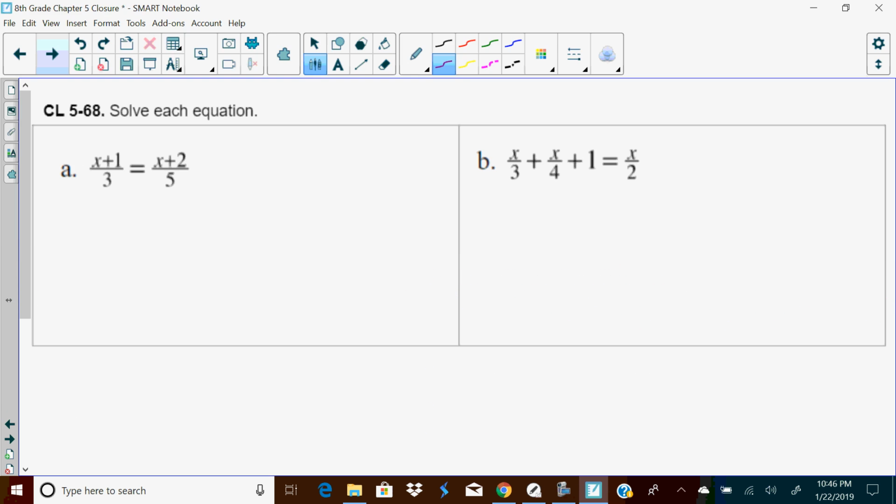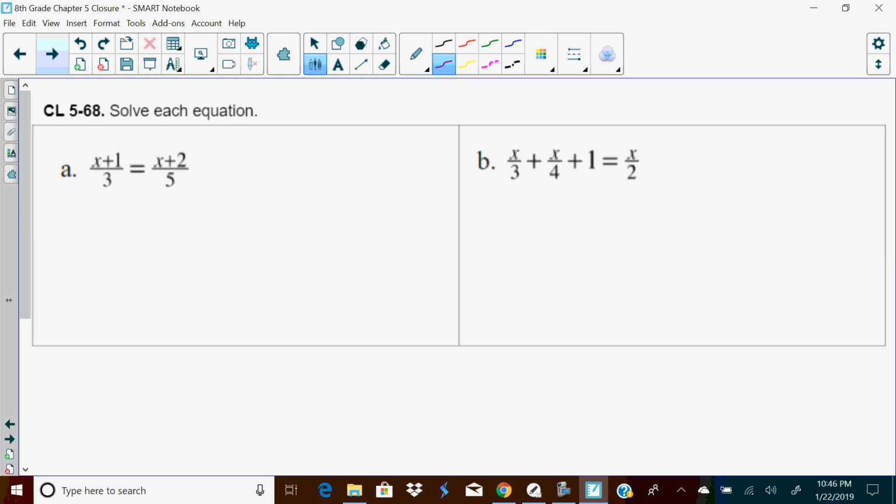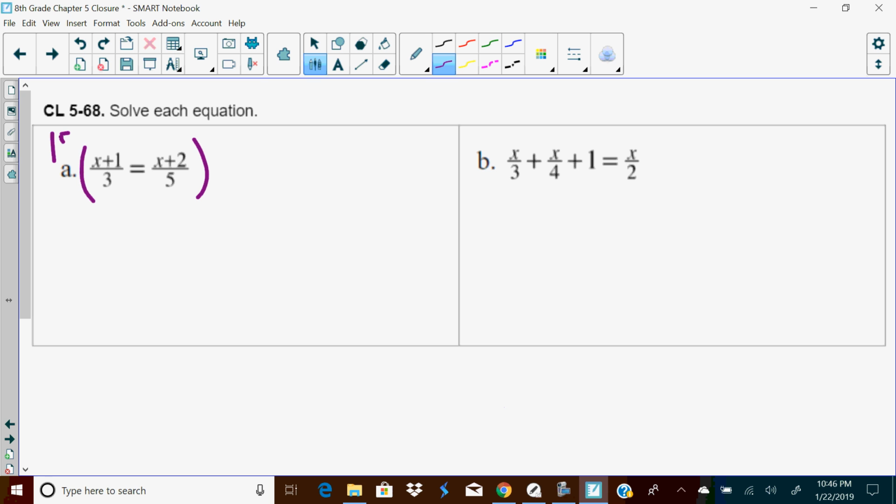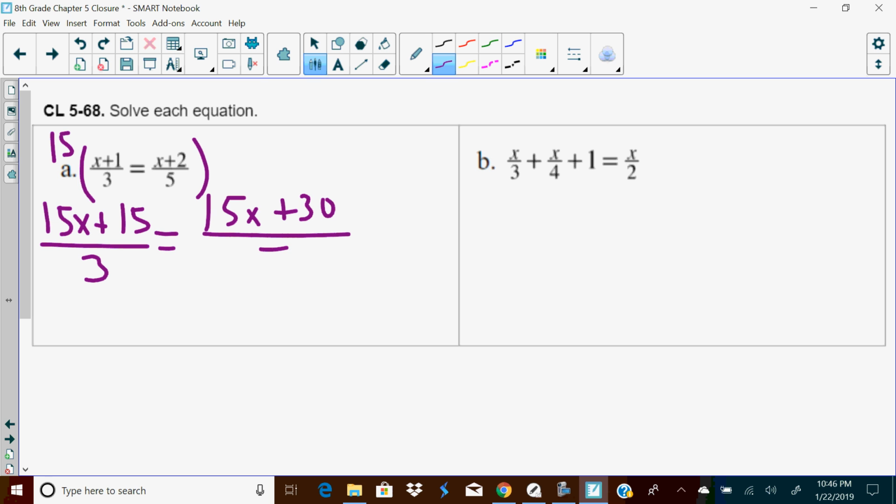Problem 68, you are solving each equation for x. So the first one, I'm going to get rid of my denominators by multiplying by 15. So I'm going to get 15x plus 15 divided by 3 equals 15x plus 30 divided by 5.